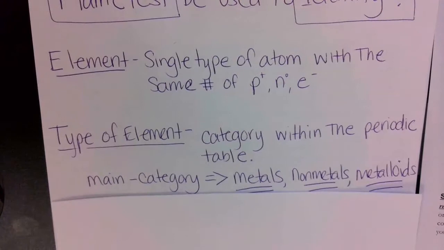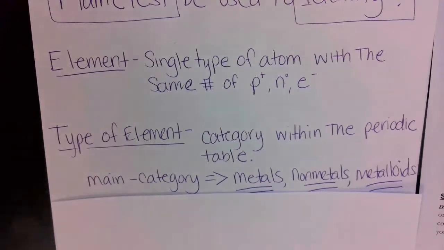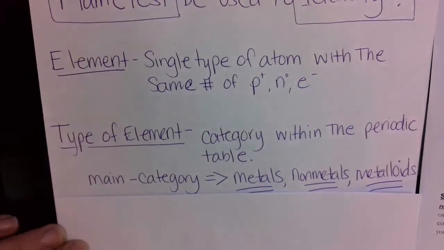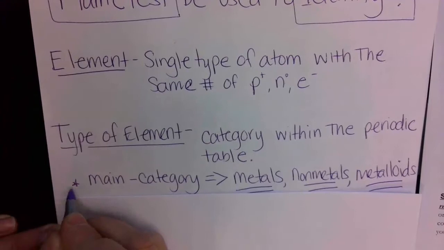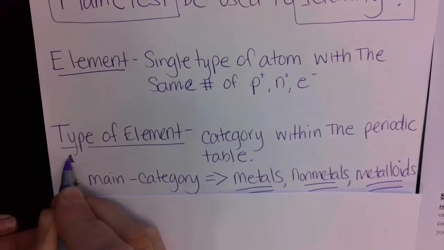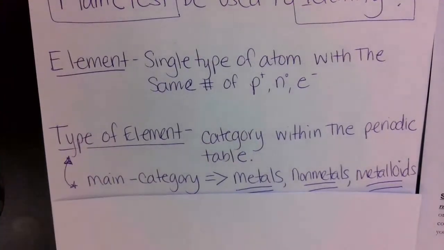When we talked about this, we asked whether the element being identified could be a metal, non-metal, or metalloid. So we were really looking at the main category as a type of element in our question. That's what we were looking to figure out when we collect our evidence and analyze it, all right?